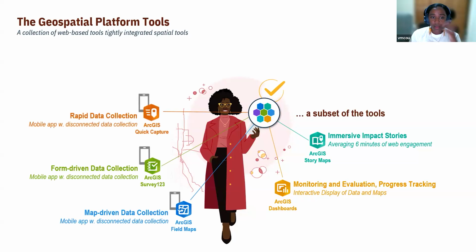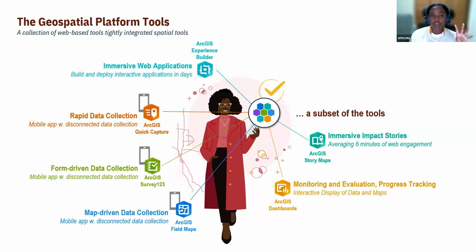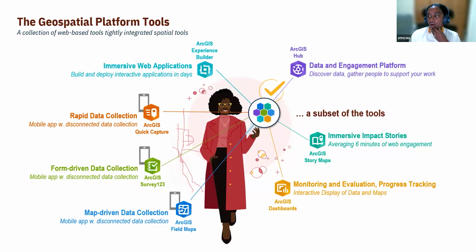So rapid data collection, which is another form of field data collection, ArcGIS QuickCapture, and it's really for your disconnected data collection. You have web applications that come with a series of templates around building and deploying interactive applications, and ArcGIS Hub, which is really a data and engagement platform.